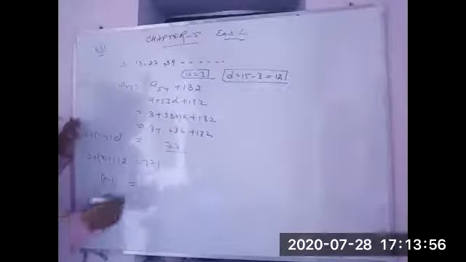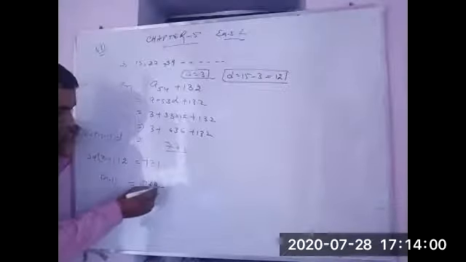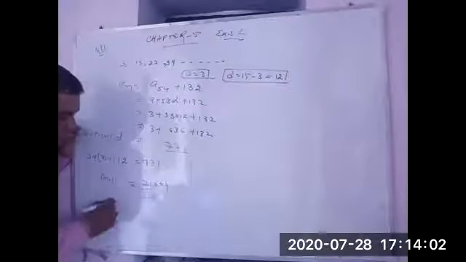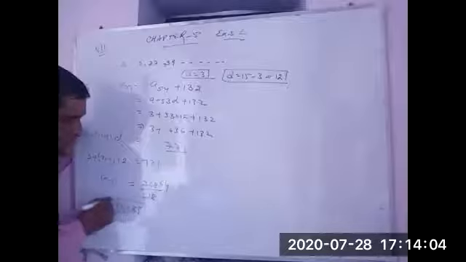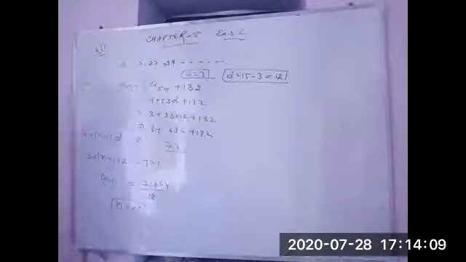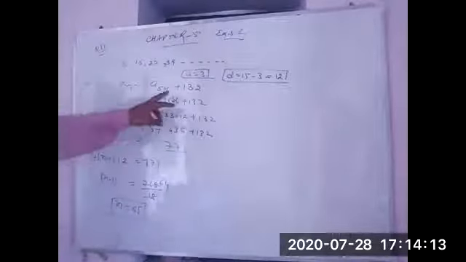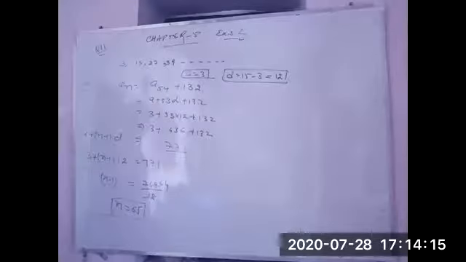How much it will be left? 768 divided by 12, n minus 1 is 64. So now n is 65. It means we can calculate that 65th term will be 132 more than the 54th term. It is clear? Yes, sir.